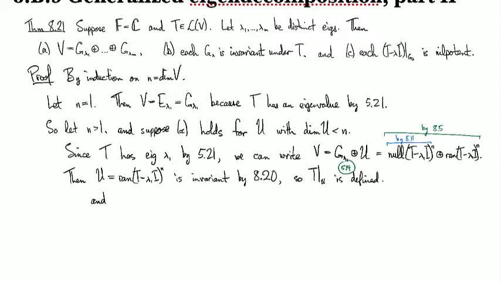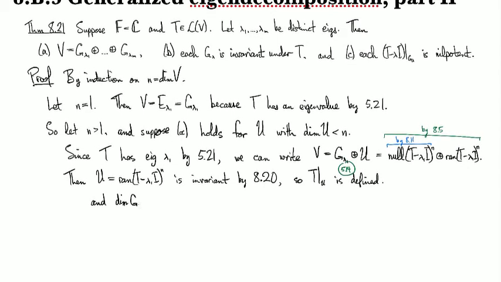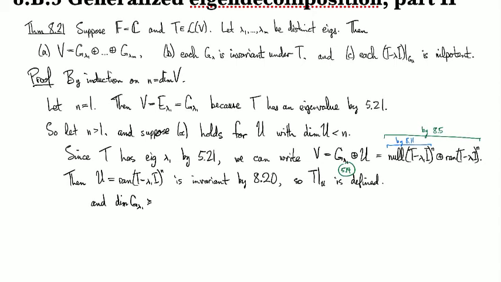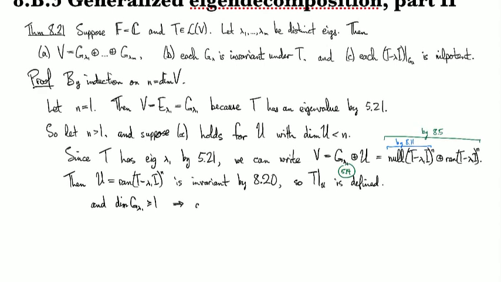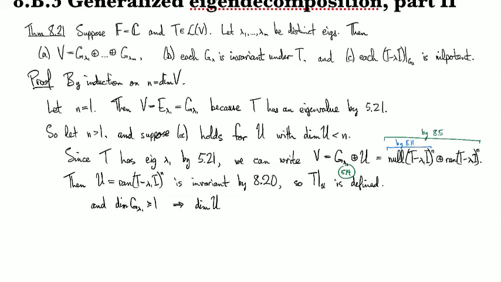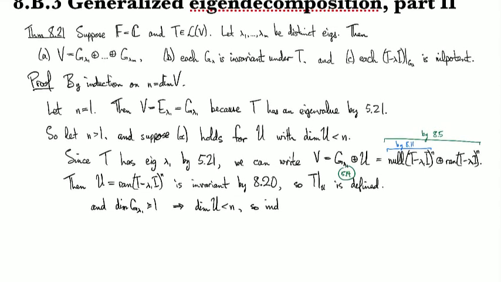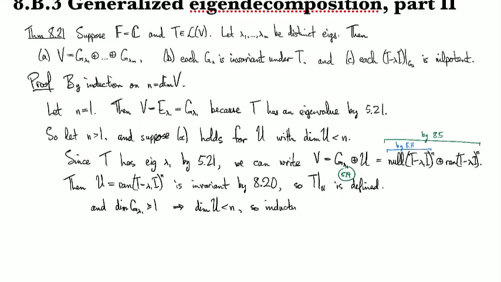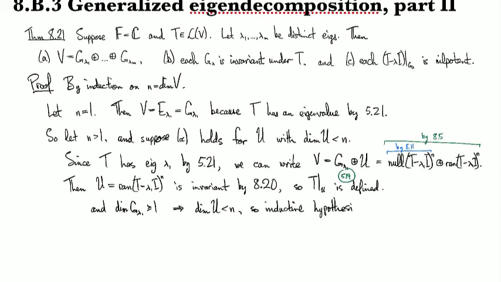And we also have that the dimension of this generalized eigenspace is at least 1, and so that implies that the dimension of U is strictly less than n. So now we've verified that the inductive hypothesis applies.